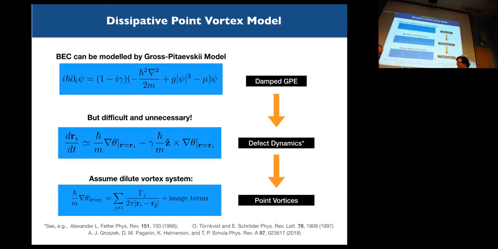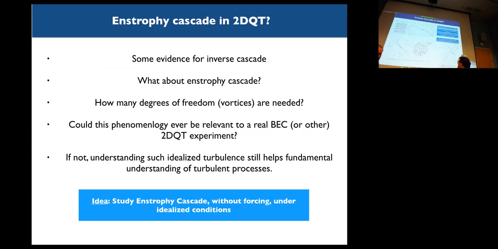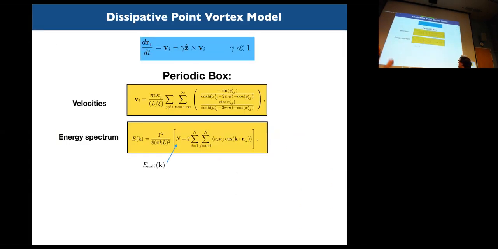So if you move this into position space, I think this is the bit that would give you the point vortex Hamiltonian, with the logarithmic interactions.